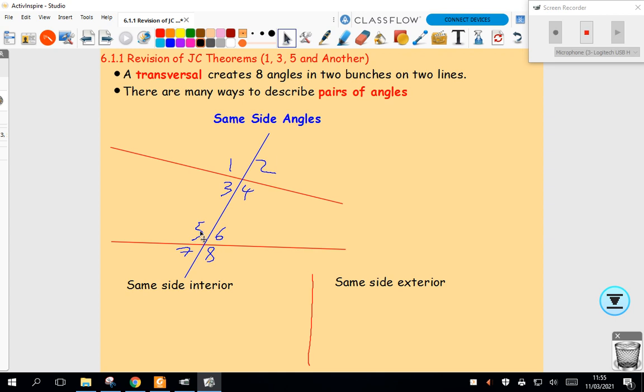So angle 3 and angle 5 are a pair of same side interior angles. Angle 4 and angle 6 are also a pair of same side interior angles.